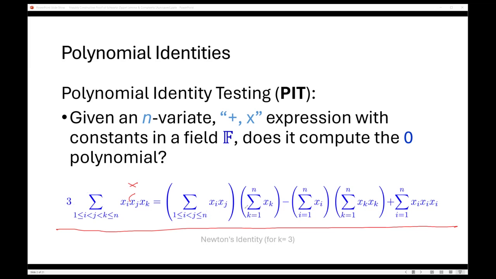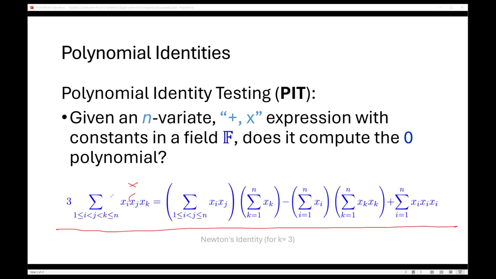And then in the right-hand side, we have a more complicated algebraic expression with variables xi. Actually, this is Newton identity for k equals 3, and these are indeed two identical polynomials. Namely, they are different formulas, but they compute the same polynomial. The question of PIT is to decide whether indeed the equality as formal polynomials holds.